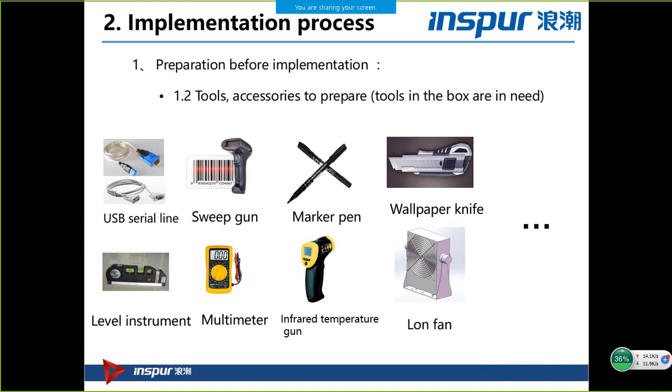For example, before the project, you will get a location list. It will show you the location for each server, which server should be installed in which rack, in which U number.